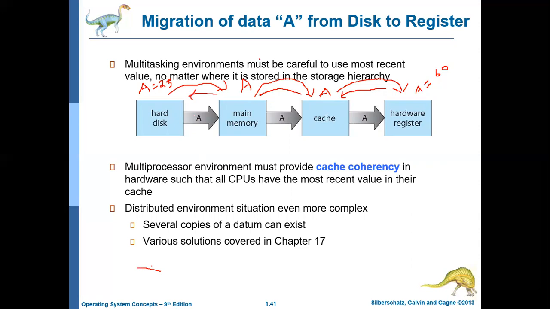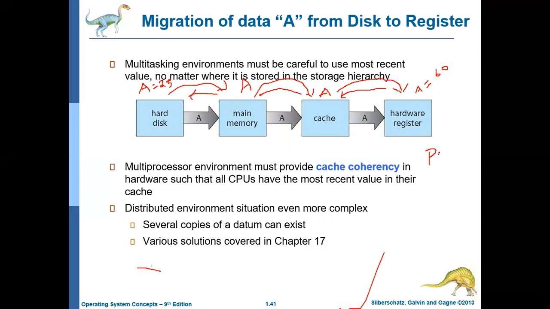So if there is only one process, then this content updation becomes easier. But assume a multi-processing environment. Assume there is more than one process running simultaneously, and this value A is shared among multiple processes. Say for example, you have two processes, P1 and P2.